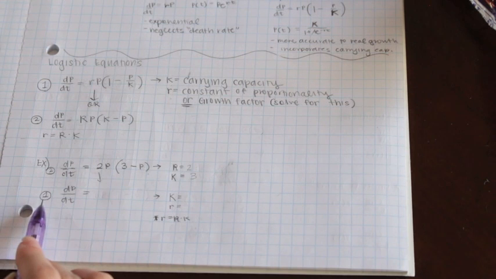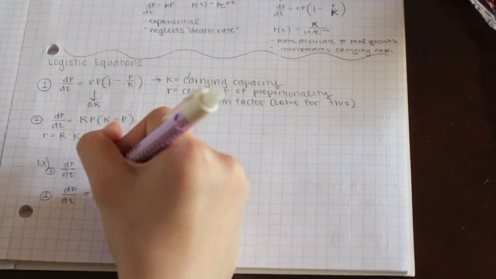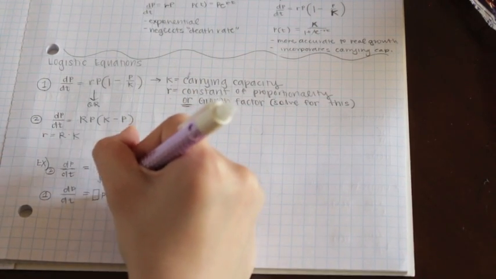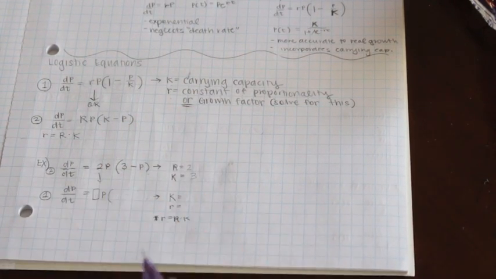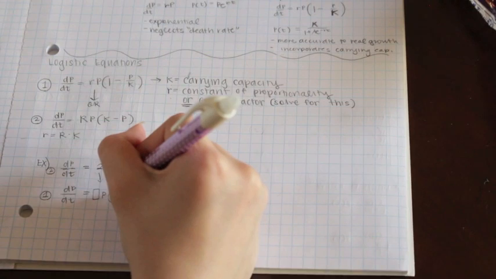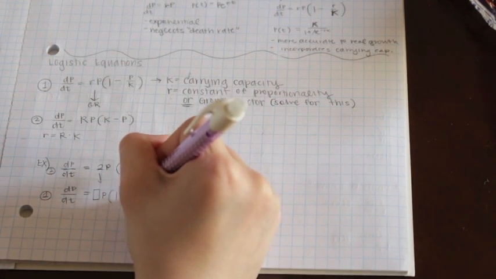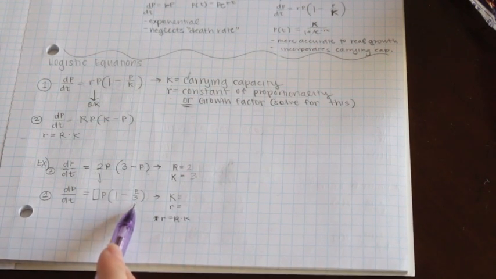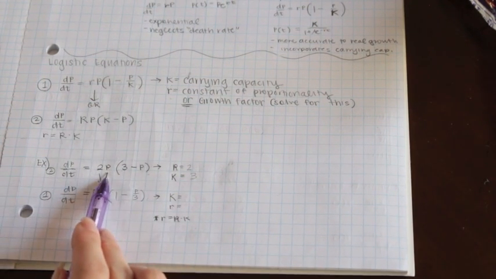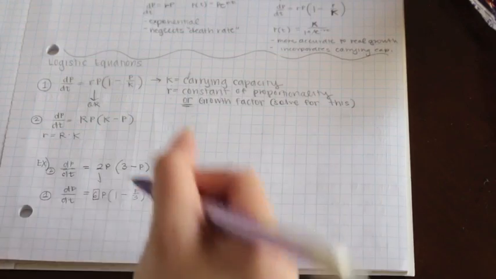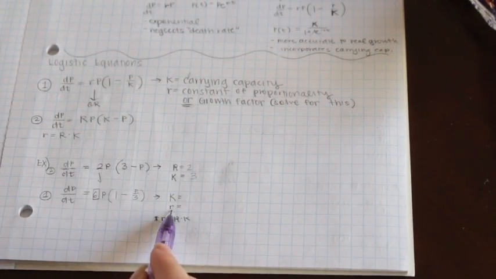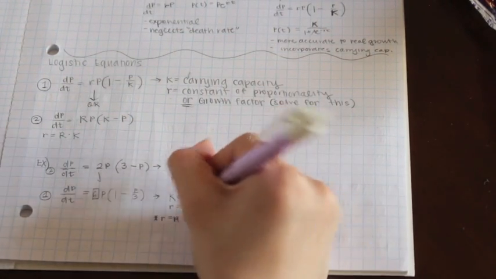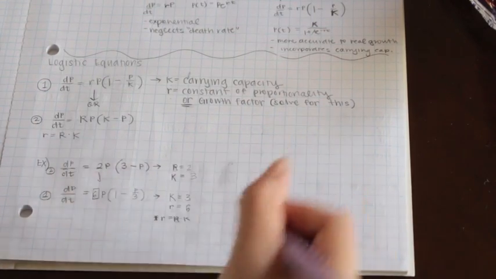Now, to convert that to equation number 1, you want this to go to 1, so you're going to divide everything by 3. So you have 1 minus P over 3. And now because you took out a 3 from the parentheses, you're going to bring it out here. So you take your 2P times 3 and you'll get 6. So your new little r value will be equal to 6, and your K remains as 3.